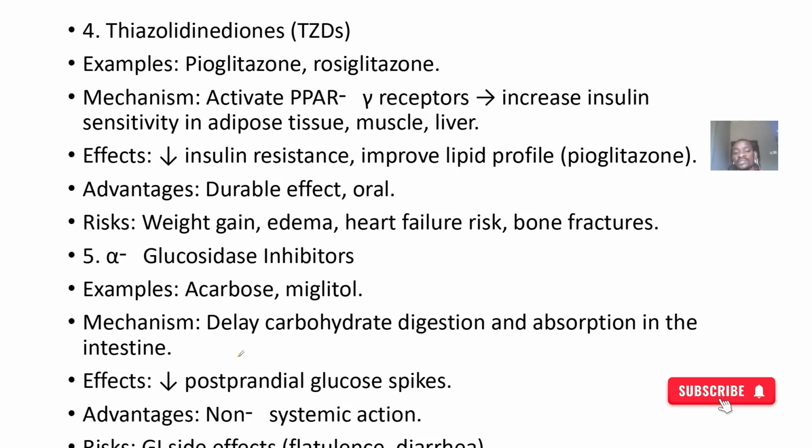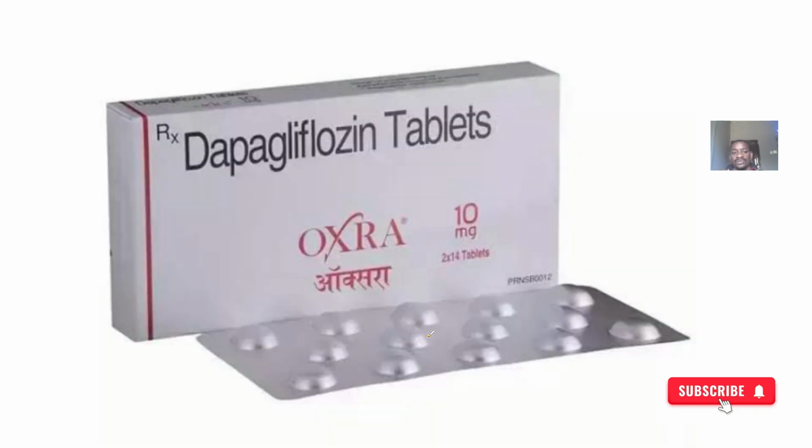So this will decrease insulin resistance. It will improve the lipid profile. Then we have the alpha glucosidase inhibitors. So drugs like acarbose, miglitol, they delay carbohydrate digestion and absorption in the intestine. Do you understand? So it will basically reduce those times of carbohydrate shooting up.